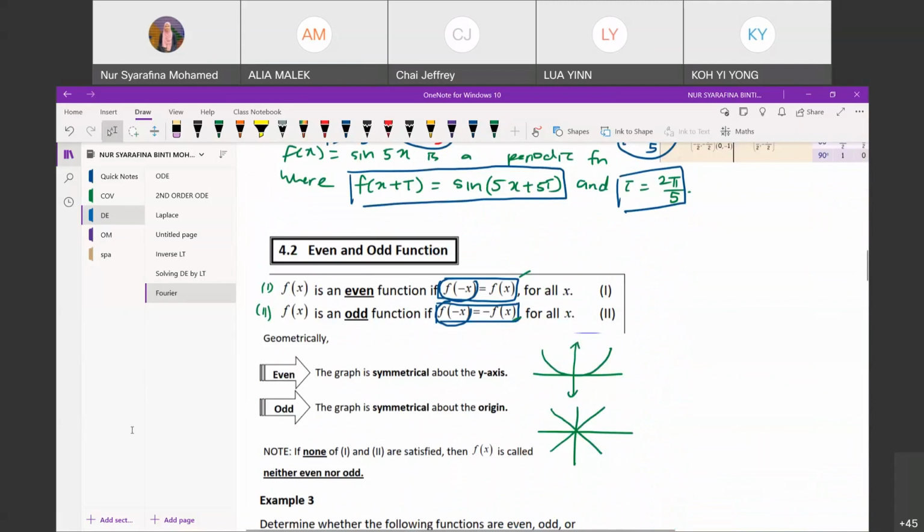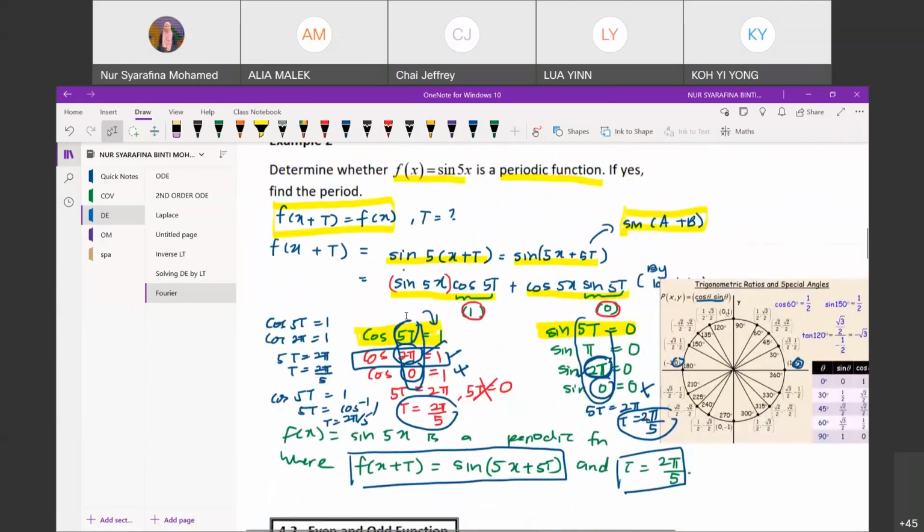Is it possible to have more than one value of period? Yes, in calculation, yes. But at the end, you need to select the smallest value. Let's say for this case, if you choose pi, it means that 5T equals pi over 5, but we cannot choose pi.